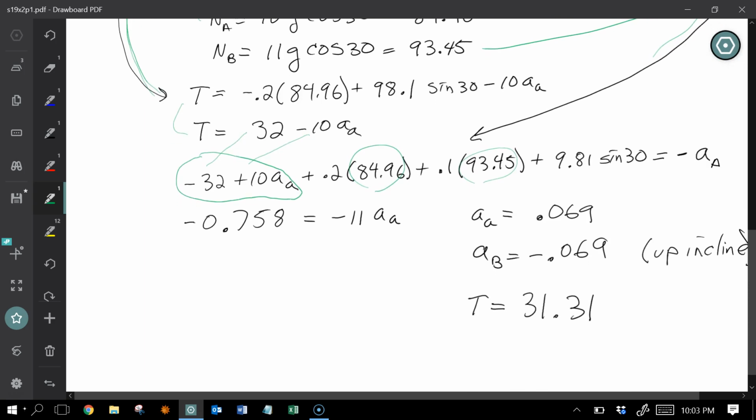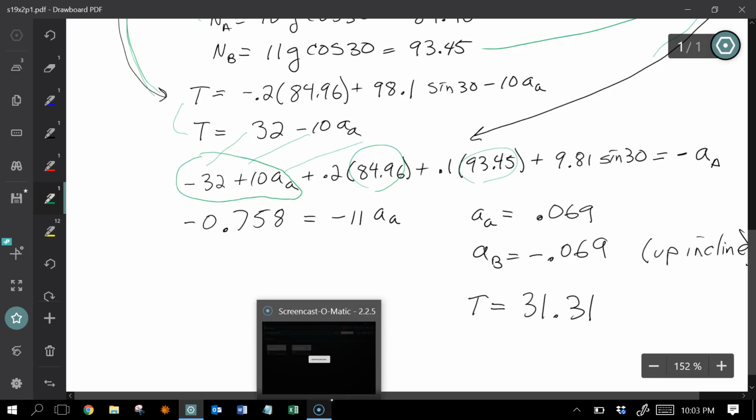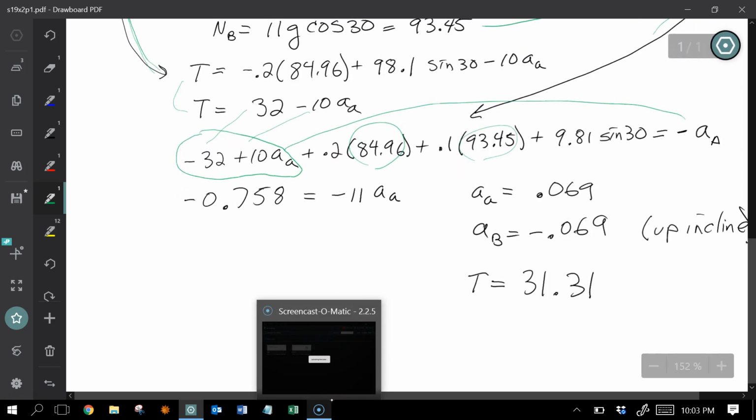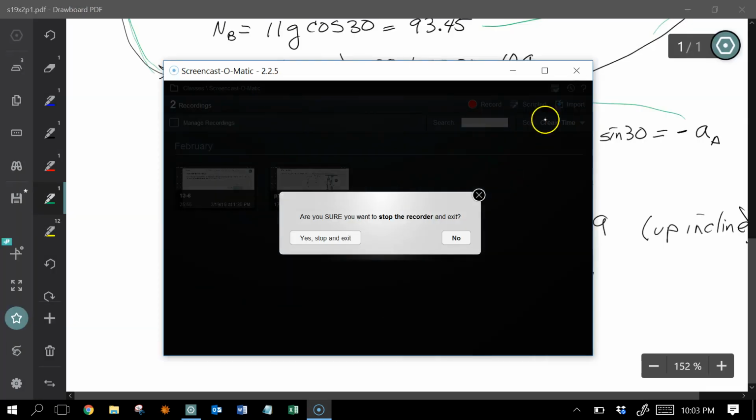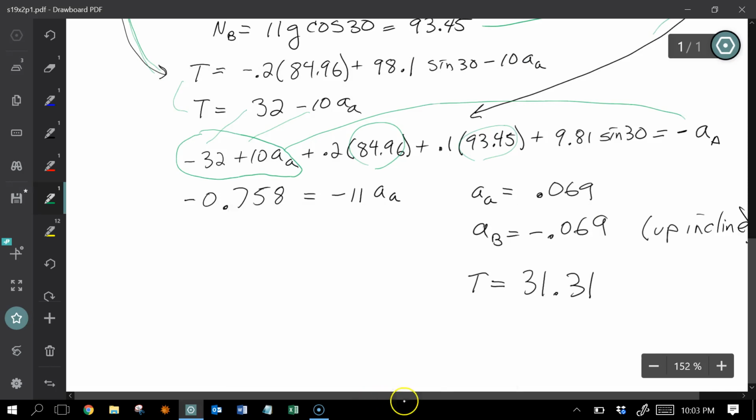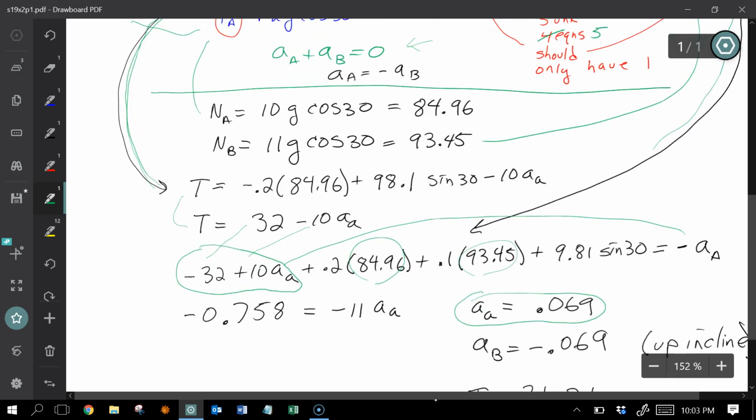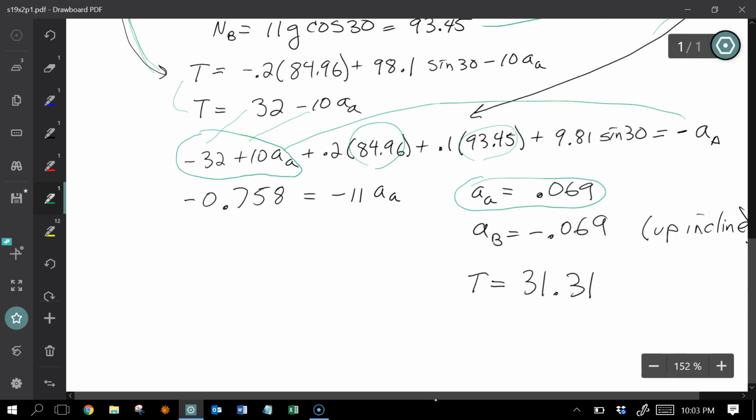So then I just, a little algebra, add everything together, take the A term over to here, and just solve for acceleration of A. From this other equation right here, acceleration of B is opposite the acceleration of A.